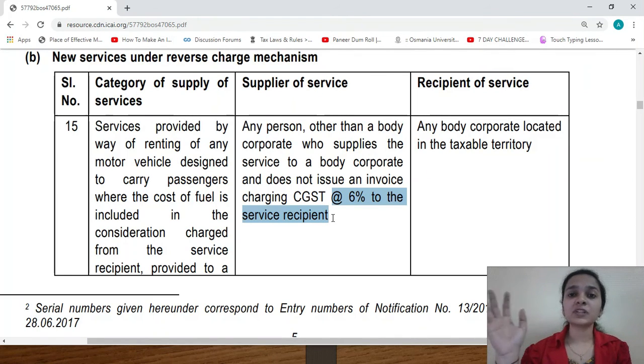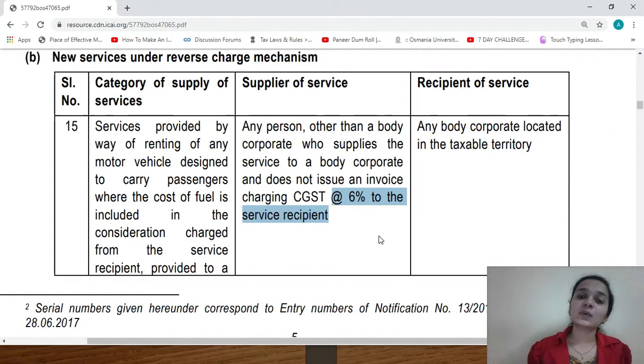That means there wouldn't be any restriction on claiming of ITC if the supplier himself is issuing a tax invoice wherein he is charging GST, collecting GST and paying GST under forward charge. So here the change which has come up is any person who is not a body corporate and is providing services to a body corporate, and he is not issuing an invoice wherein he is charging GST at the rate of CGST at 6%, or rather GST at the rate of 12% to the service recipient.